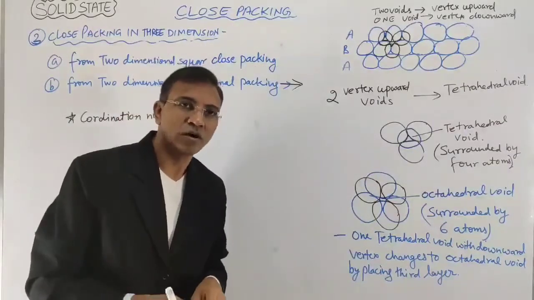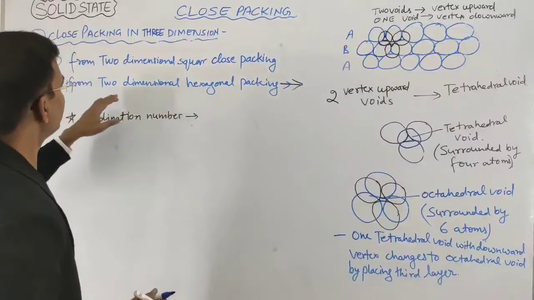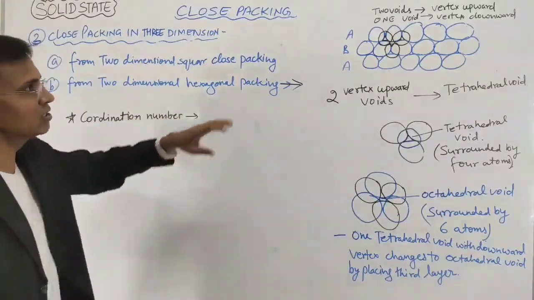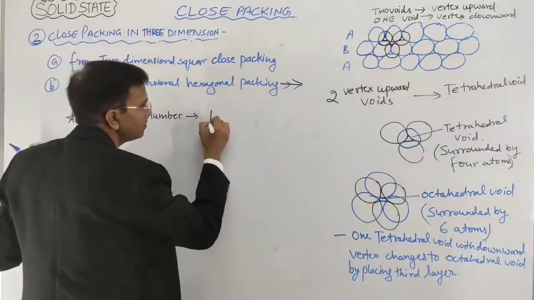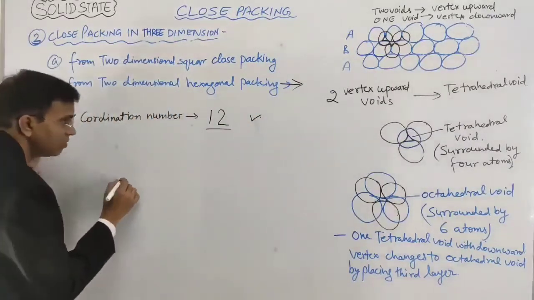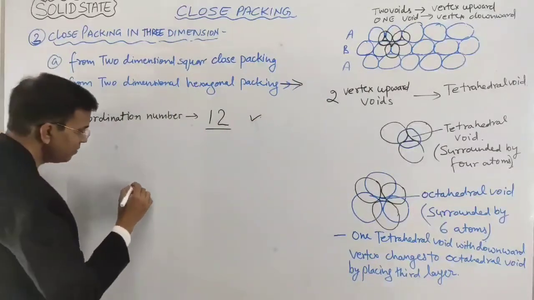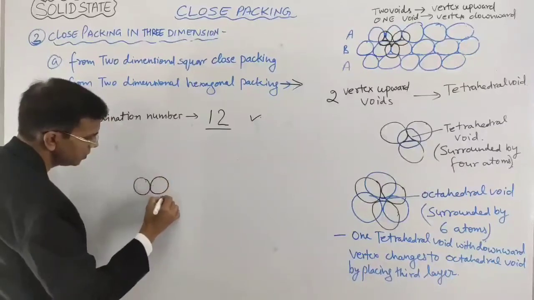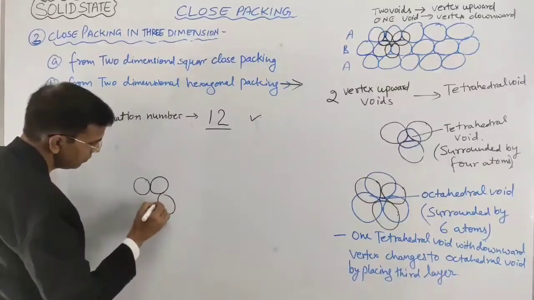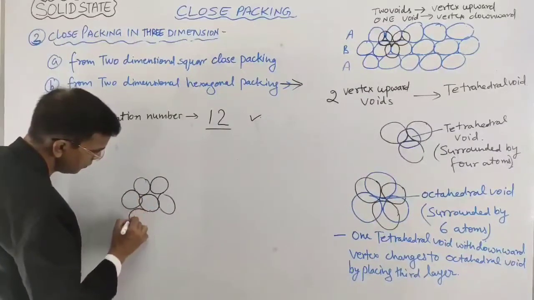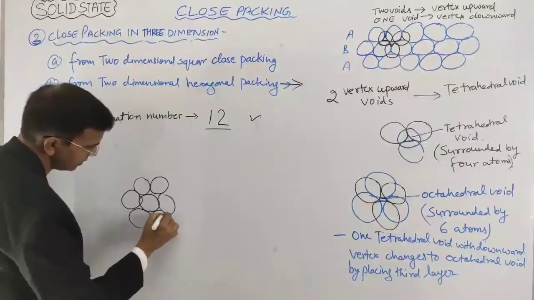Now come to the coordination number in the 3-dimensional structure made from the 2-dimensional hexagonal close packing structure, right? That is 12. And how does the 12 come? That one is a hexagon there. Let me make the hexagon here. 1, 2, 3, 4, 5, and 6.